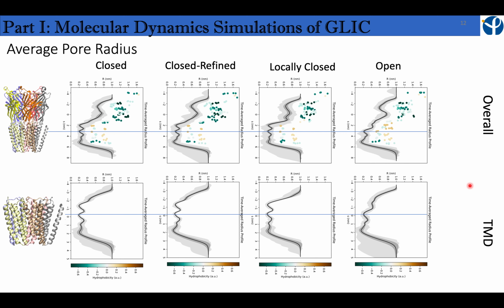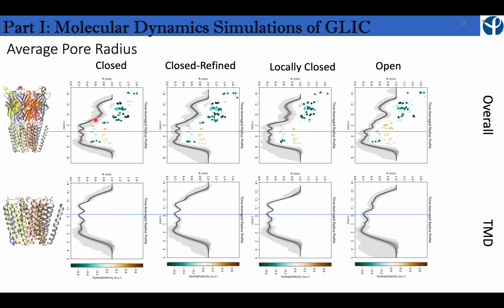As I said, the best way to characterize an ion channel is to measure its pore radius. Now, on the top line, you see the overall radius, and in the bottom row, you see the radius across just the TMD region, which is actually the most important part for us because it is the narrowest part.